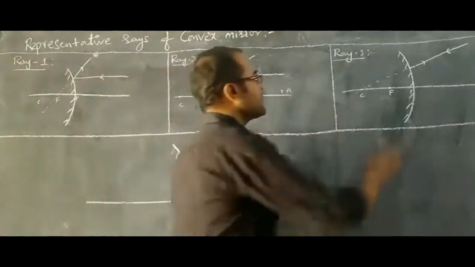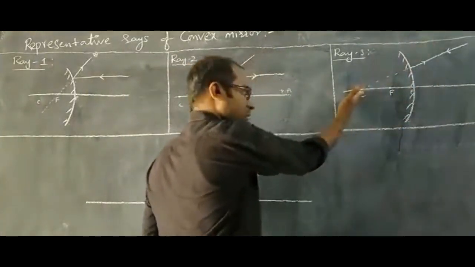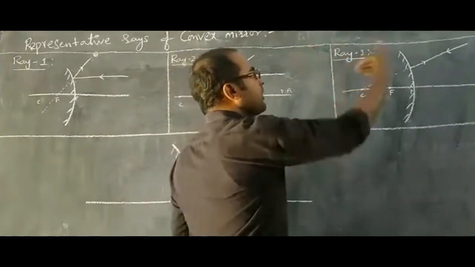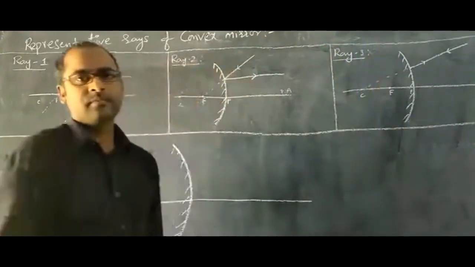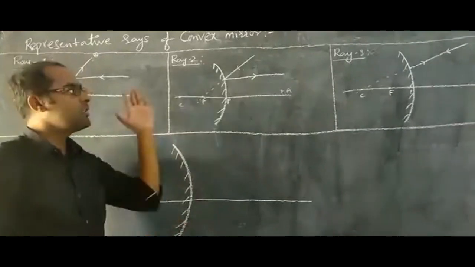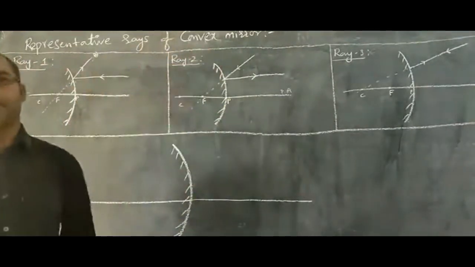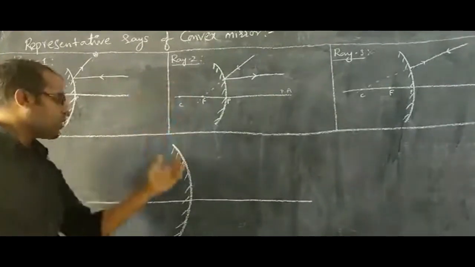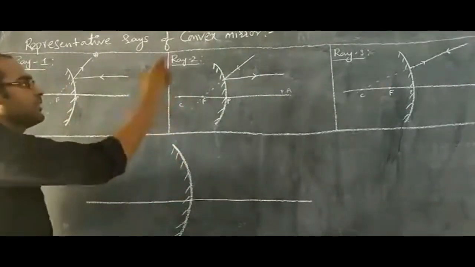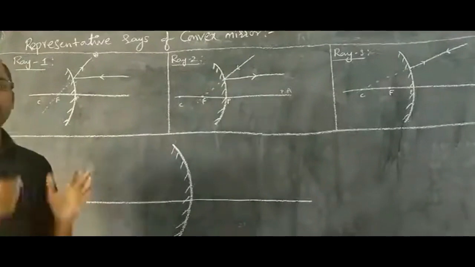Ray 3: a ray which is appearing to pass through the center of curvature, after reflection retraces the same path. That's it about the 3 representative rays of convex mirror. Let us draw the ray diagram based on these 3 representative rays.